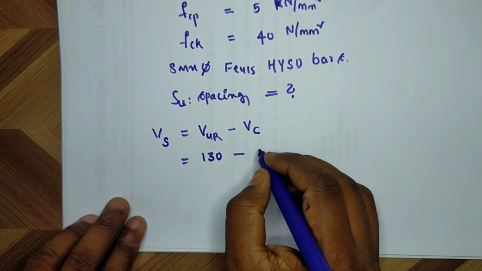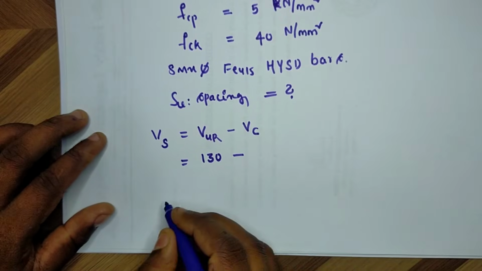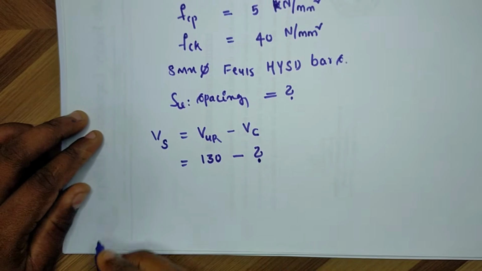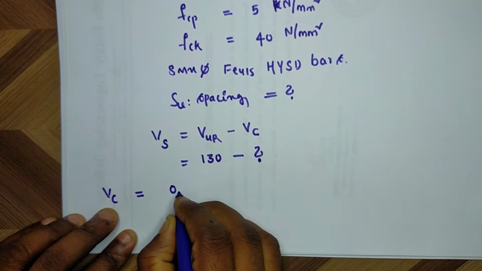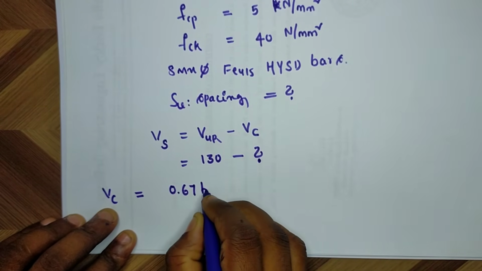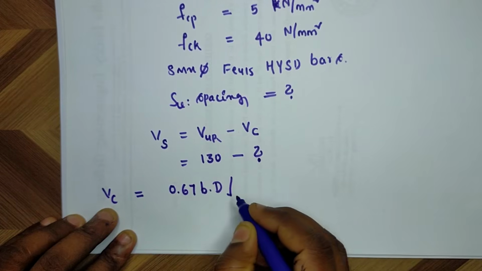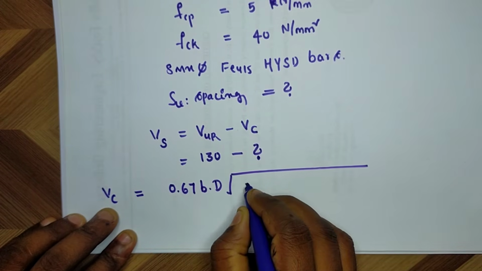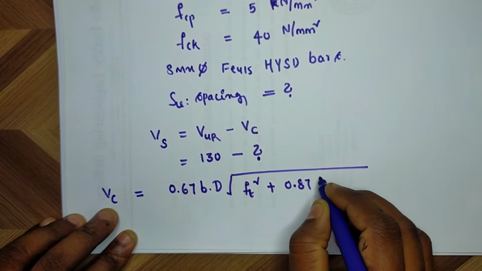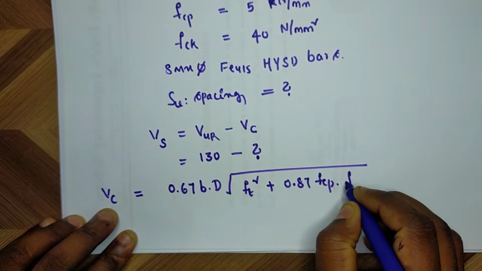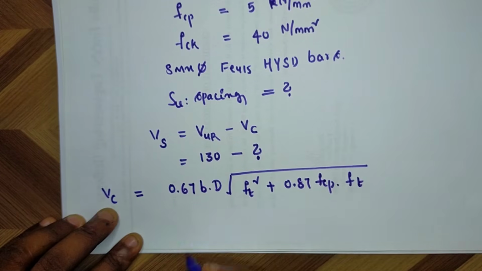This VC value we need to determine. This is unknown. VC is equal to 0.67 B times D root of FT square plus 0.87 FCP multiplied by FT.